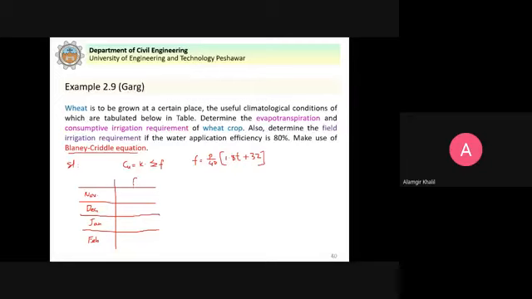Now we can calculate this F for these months.